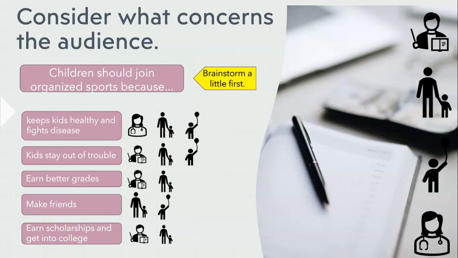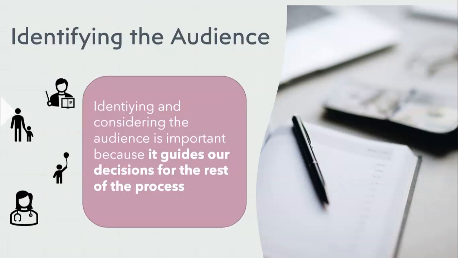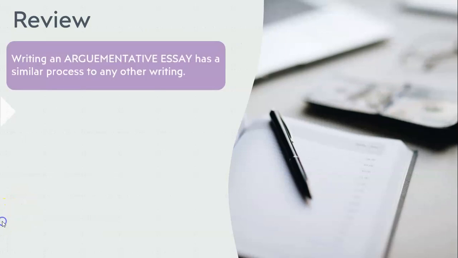All right. So now that we have considered what concerns the audience, we can really now understand why identifying the audience is important. Identifying the audience and considering the audience is important because it guides our decisions for the rest of the process. All right, a little bit of a review. Writing an argumentative essay has a similar process to any other writing.